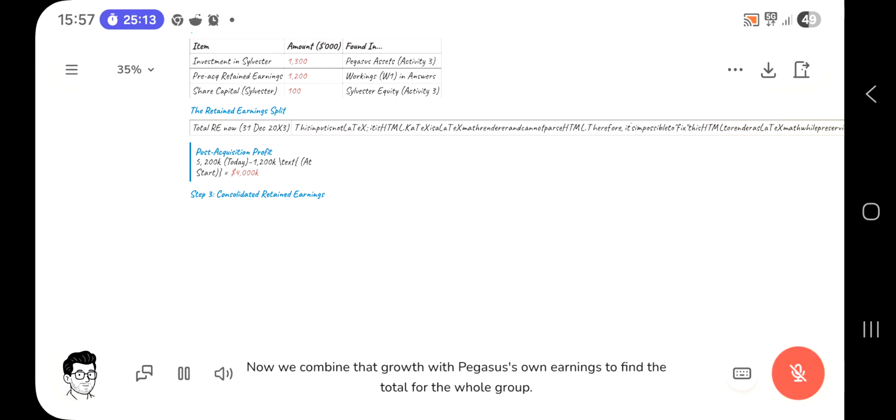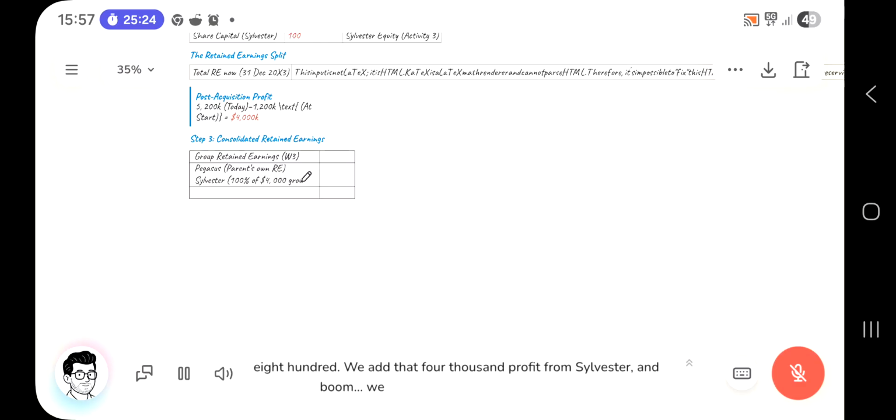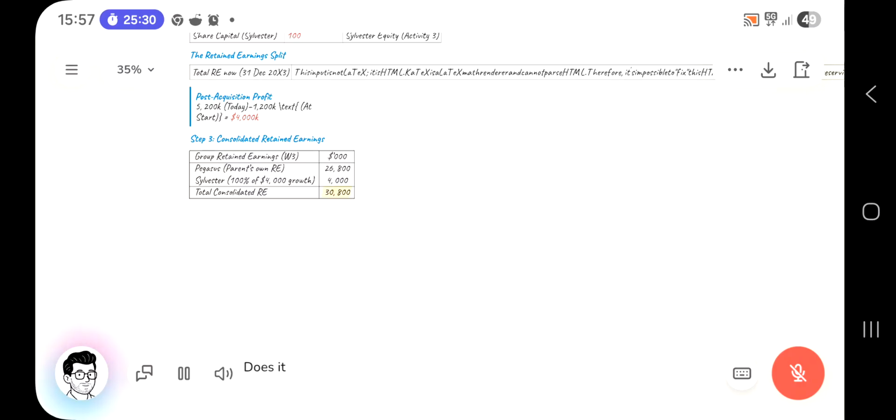Look at the parent's earnings in the original table, 26,800. We add that 4,000 profit from Sylvester, and boom, we get 30,800. Does it make sense why we only add the 4,000 and not the full 5,200 from Sylvester's books?